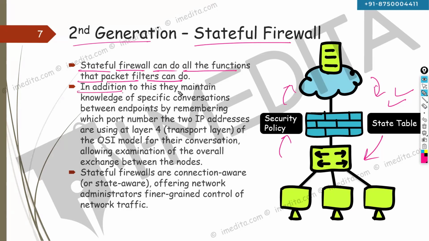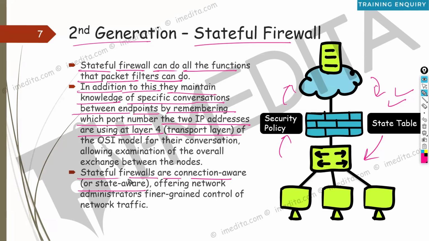In addition to this, they maintain knowledge of specific conversations between endpoints by remembering which port numbers and IP addresses are being used at layer 4. I told you that they maintain layer 3 and layer 4 information, and stateful firewalls are also connection aware.